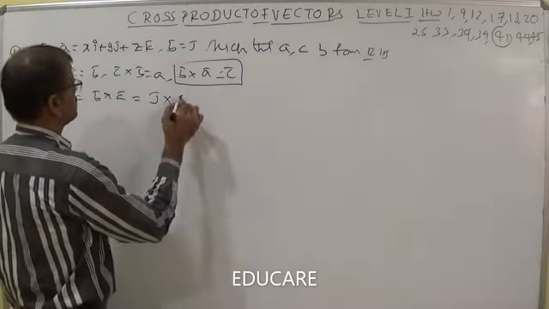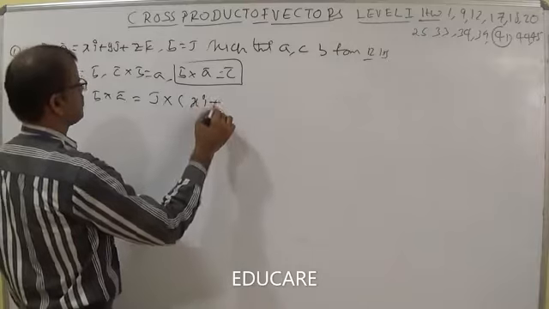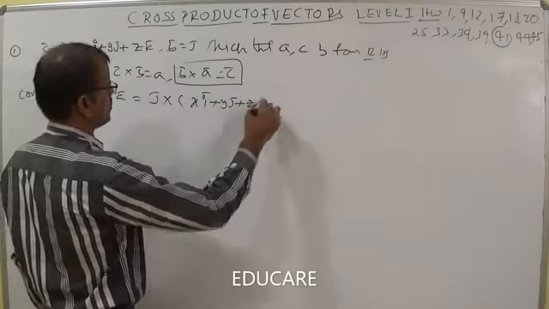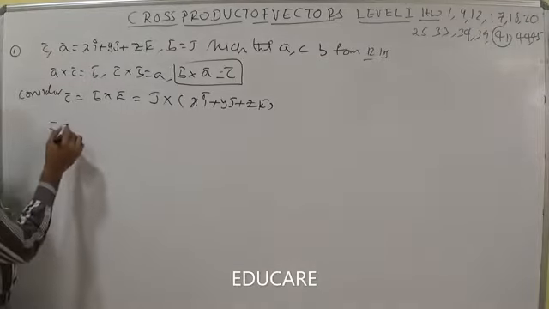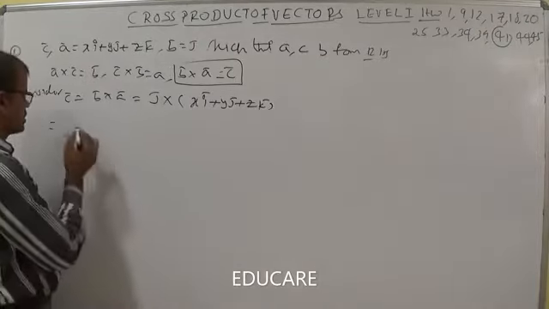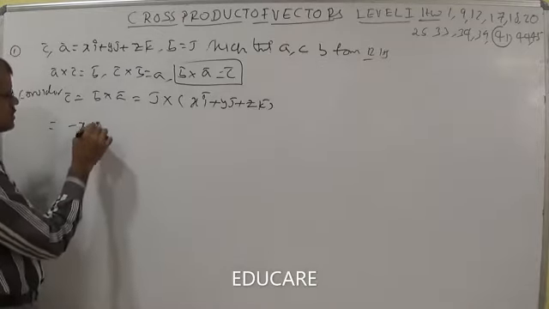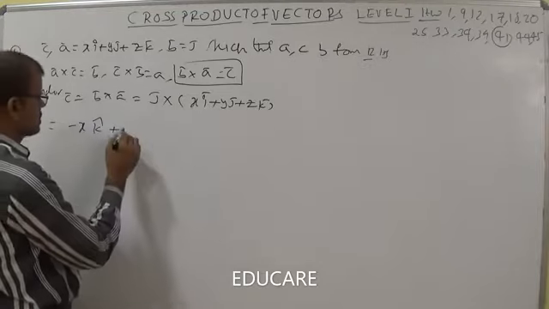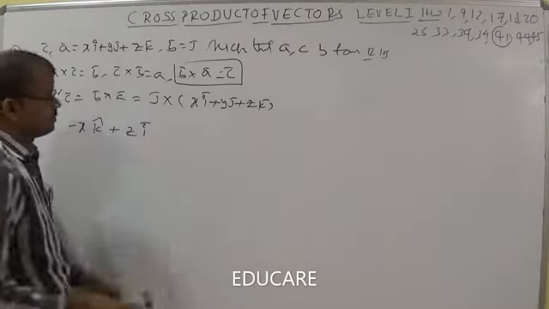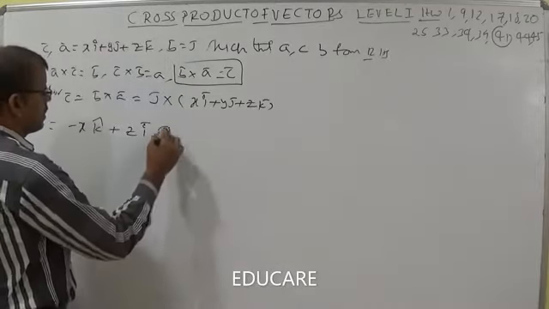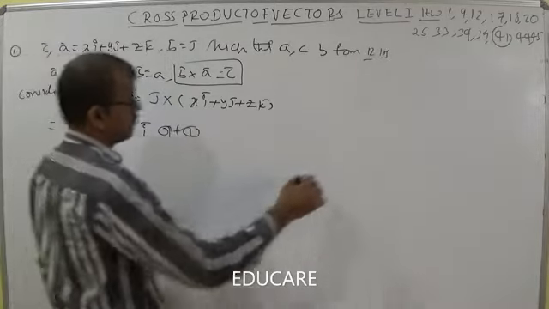J cross xi plus yj plus zk. That is equal to, J cross i means minus k, so minus xk, plus J cross J is 0, and J cross k is i, so zi. That's all: zi minus xk, as given. The option is 1.